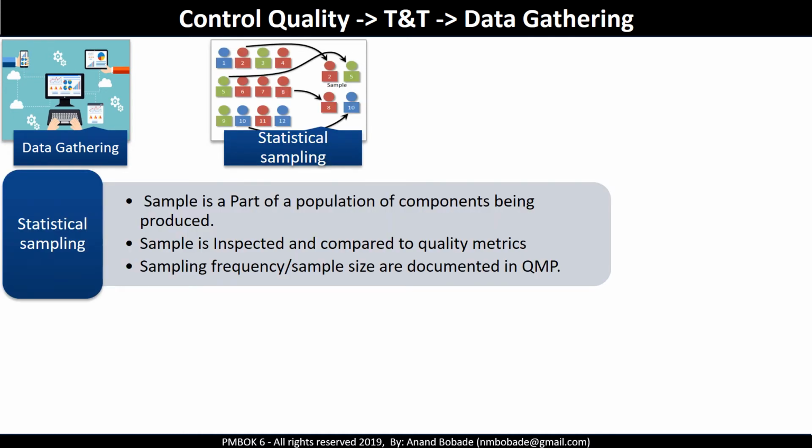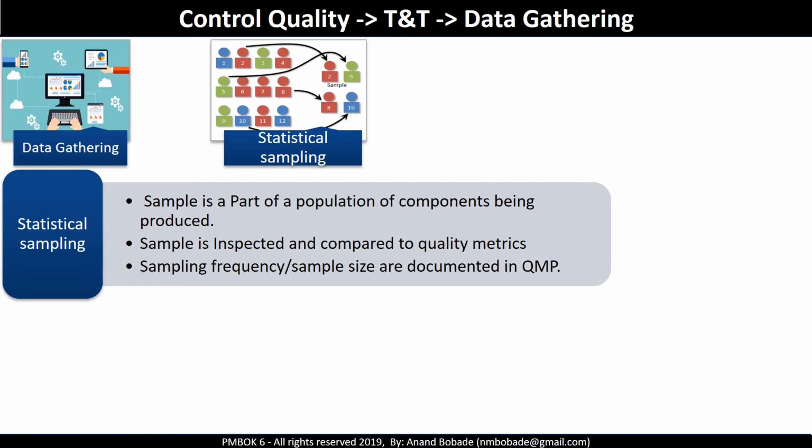Statistical sampling. It is not possible to inspect every material used in the project. For example, on a construction project, is it possible to test the strength of each brick used? Not possible.